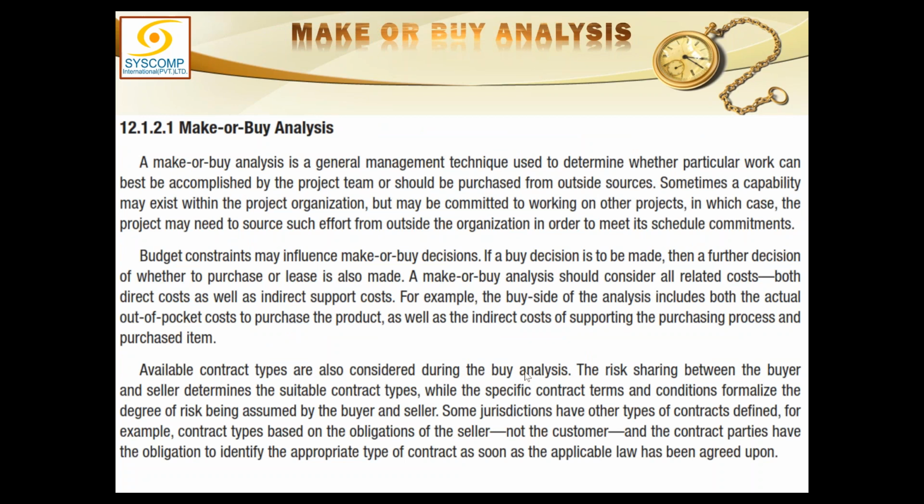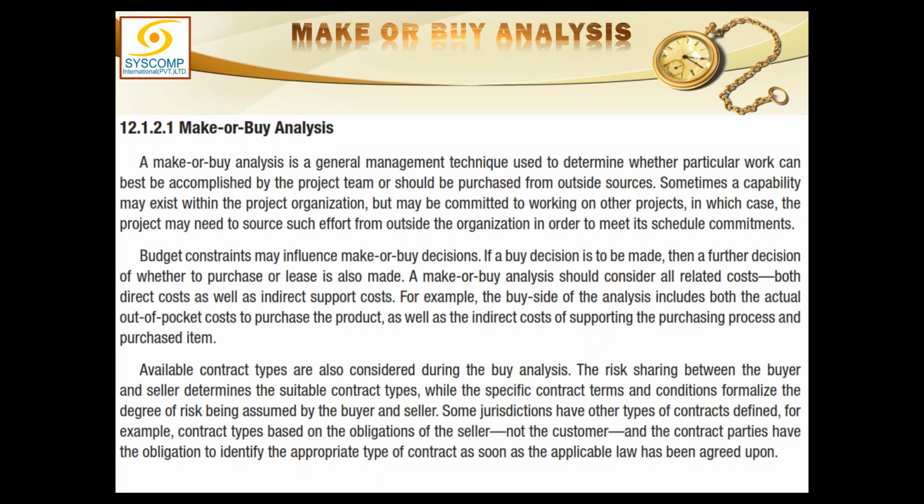Okay, so these were the types of contracts. Make or buy decision is, while you are doing the planned procurements, you look at the whole WBS and the scope of the project and the activity list and see which are those activities or group of activities which you think you cannot do. And I gave you the reasons beforehand.